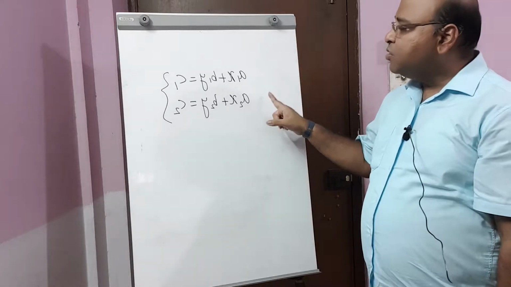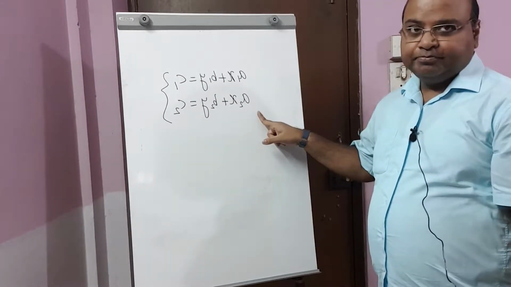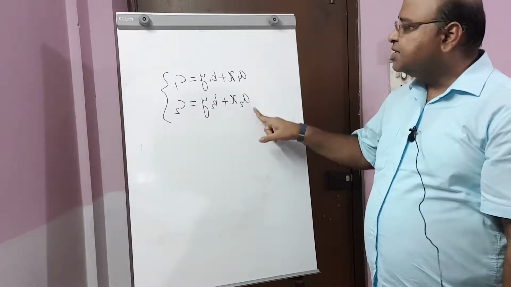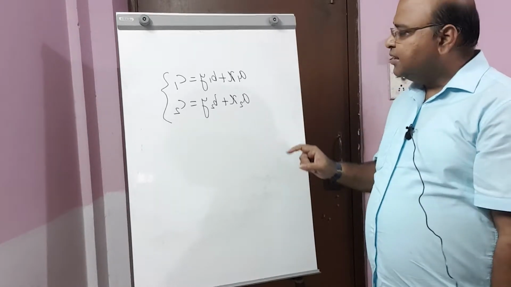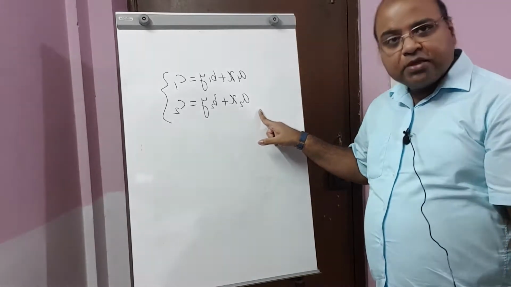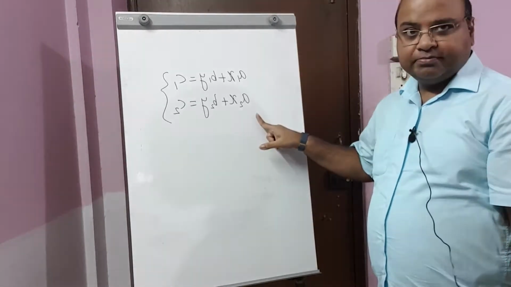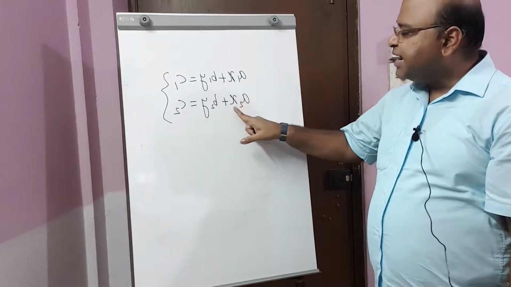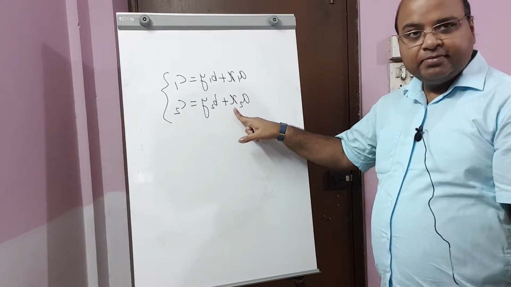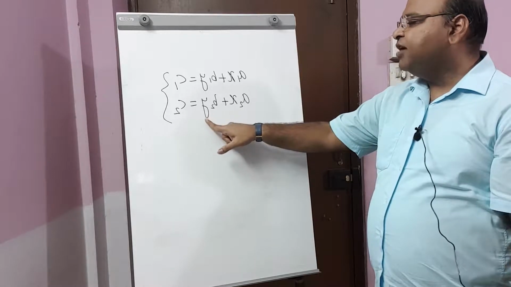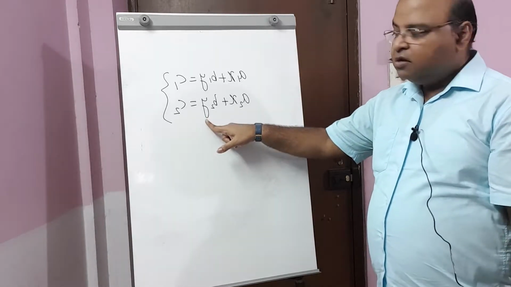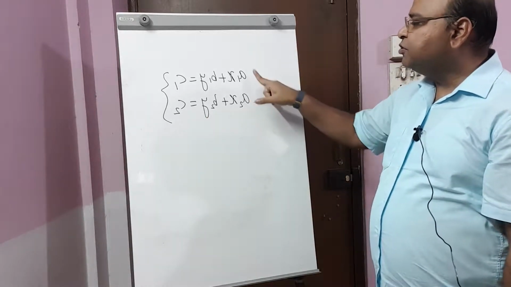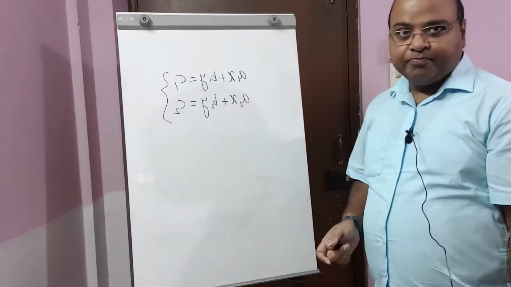Now what do we mean by consistency of such a system? By consistency we mean that there exists at least one solution to this system, which means we can find at least one value of x and at least one value of y which will satisfy both equations simultaneously.